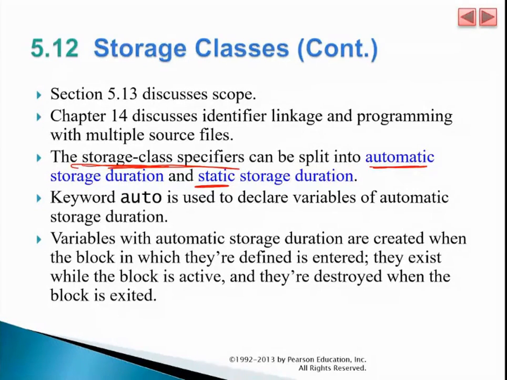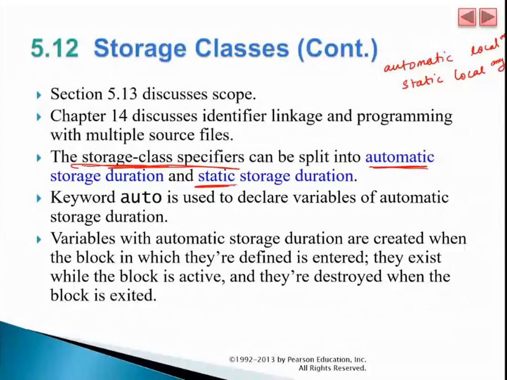If you remember our array example, we saw two types of declaration there: one is an automatic local array and one is a static local array. The same applies here as well. So these variables can be automatic or static.